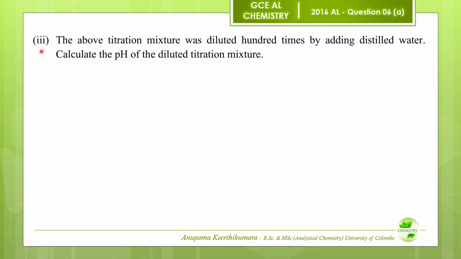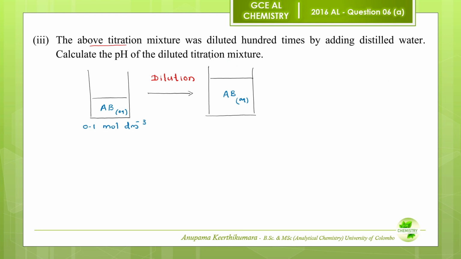Question number 3. The above titration mixture was diluted 100 times by adding distilled water. Calculate the pH of the diluted titration mixture. The above titration mixture is the previous salt solution, and the concentration we calculated during question number 2 is 0.1 moles per cubic decimeter.